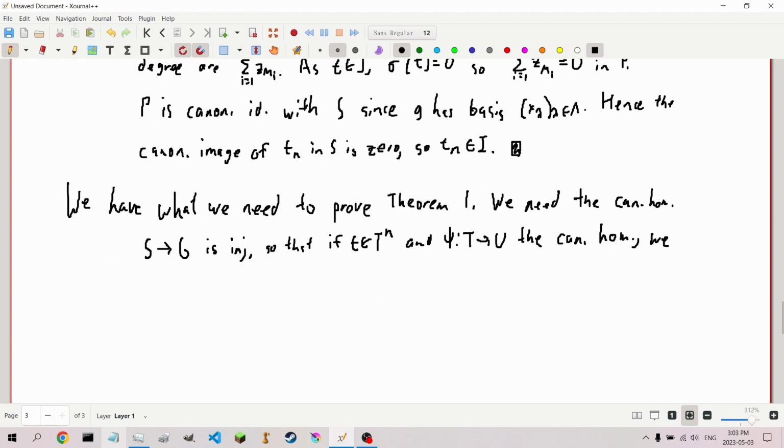So we need to show that if C of T is in some U n minus 1, then T is in the kernel of this homomorphism.